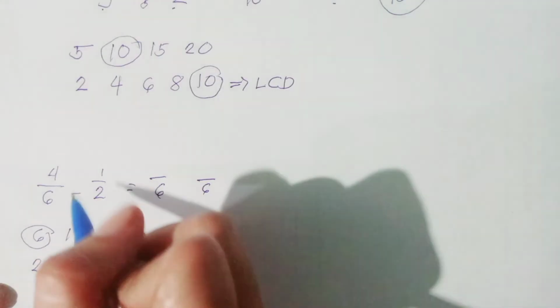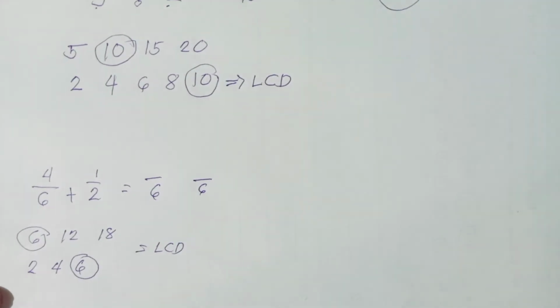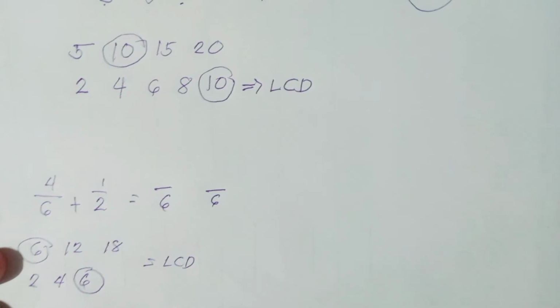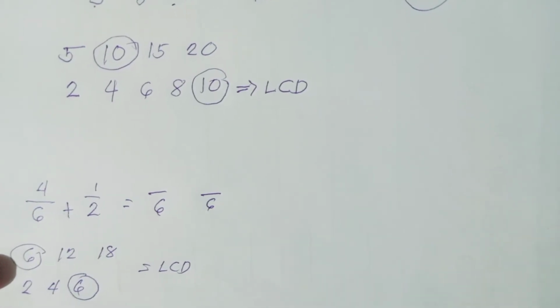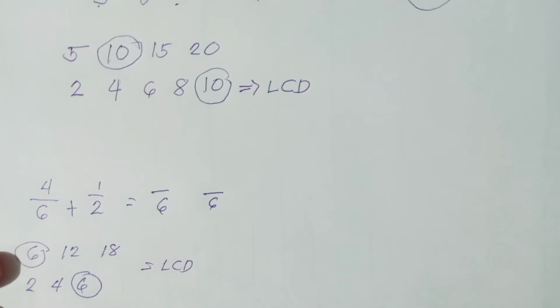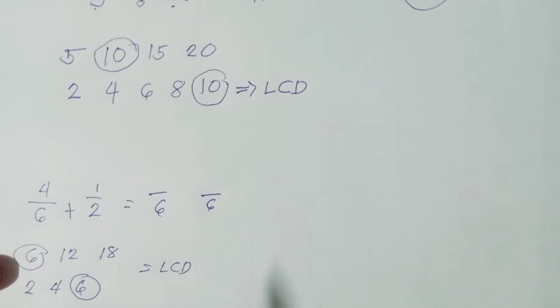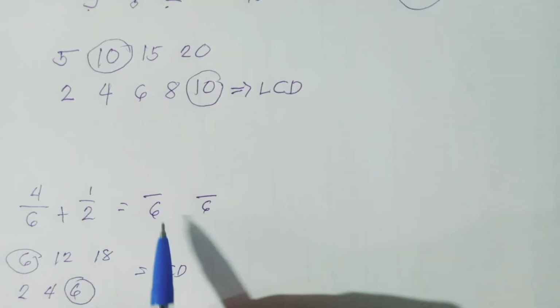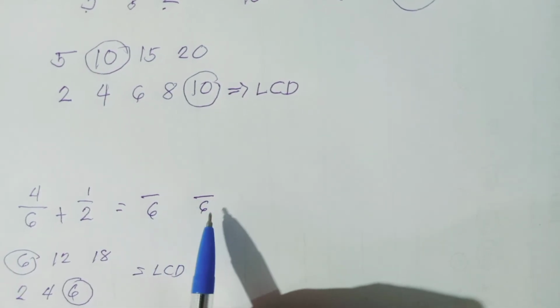Let's make it an addition. Remember, addition and subtraction have the same rule for similar and dissimilar fractions. Since this is a dissimilar fraction, we need to change it into similar fractions.